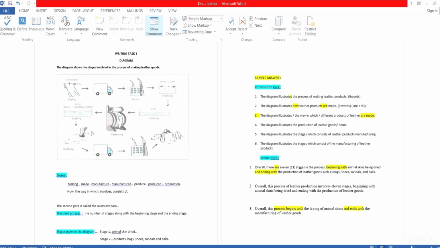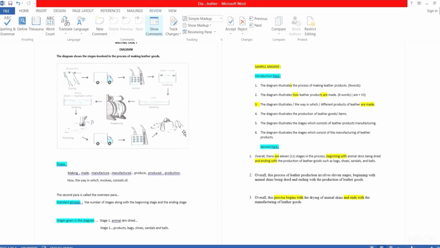Now let's understand the different paraphrasings. So it is the diagram illustrates how leather products are made. We have taken the word from here, how. Leather products, and we have made it a passive sentence structure, which is the structure of R plus V3. R plus V3. I again highlight it so that it fixes in your mind.